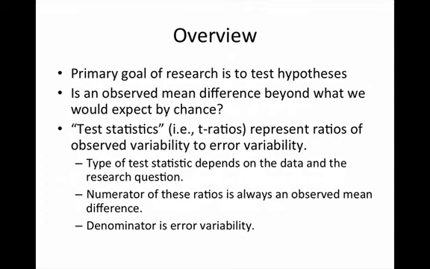In terms of a broad overview, remember that the primary goal of research is to test hypotheses so that we can correct our false assumptions about data and so that we can figure out what works. And what we want to know is if we observe something different than we would expect, we want to be able to assess and answer the question, is that observed difference beyond what we would expect by chance variation?